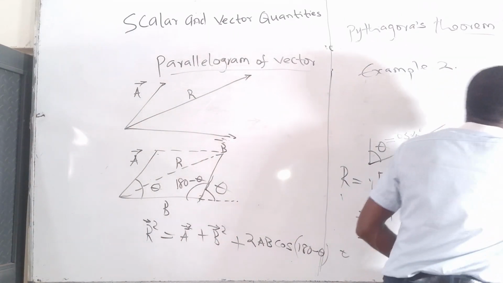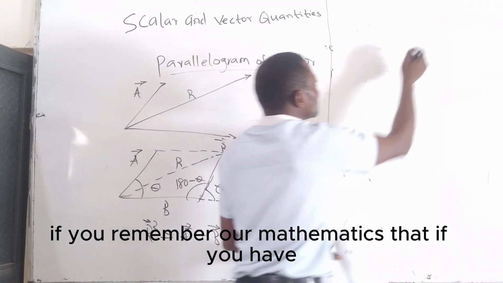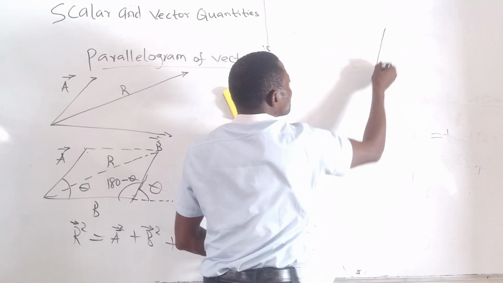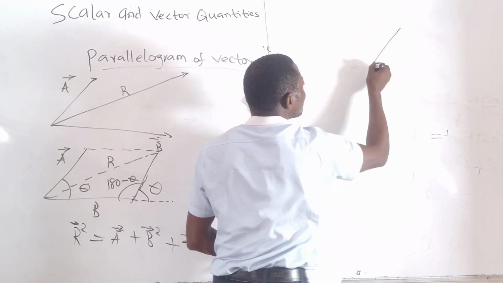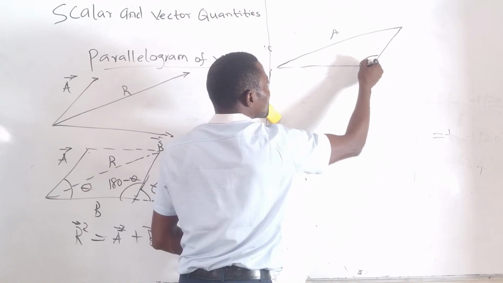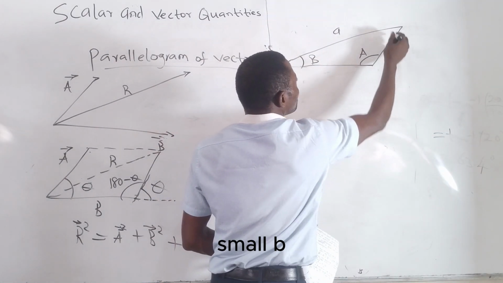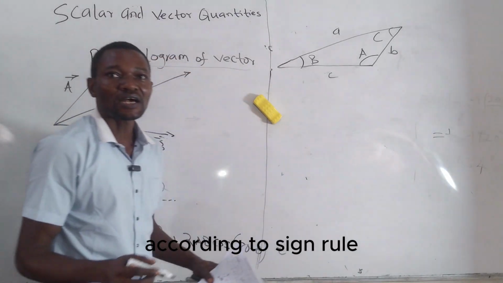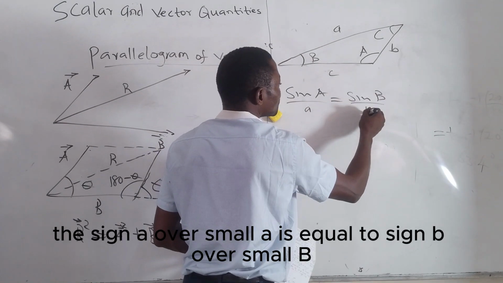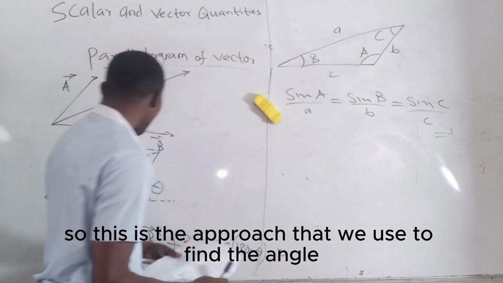According to the sine rule, if you remember our mathematics, if you have a triangle of this nature, let me draw it very well, with angle A, small a, angle B, small b, angle C, small c, then sine A over small a is equal to sine B over small b, equal to sine C over small c. So this is the approach that we use to find the angle.